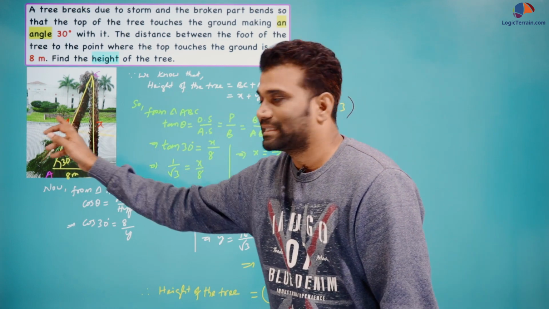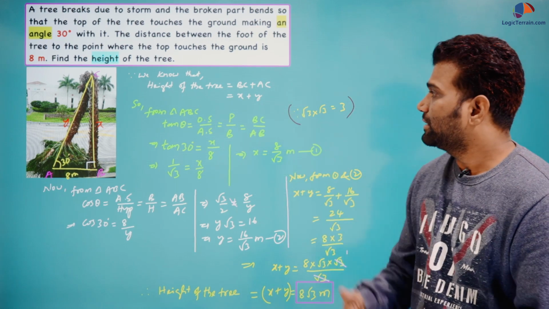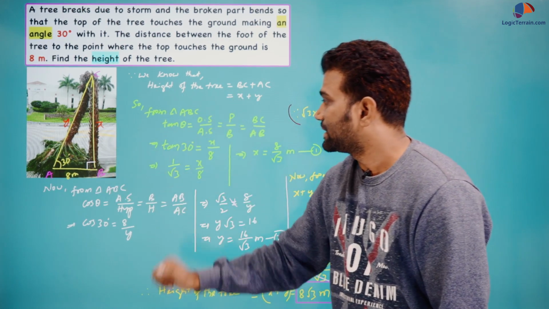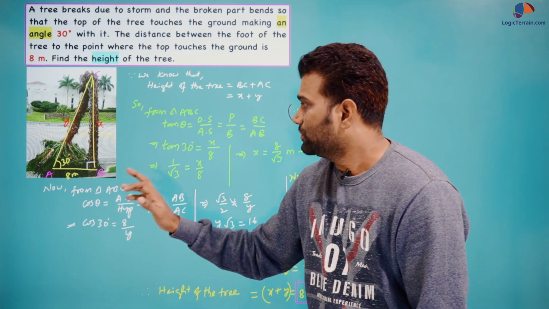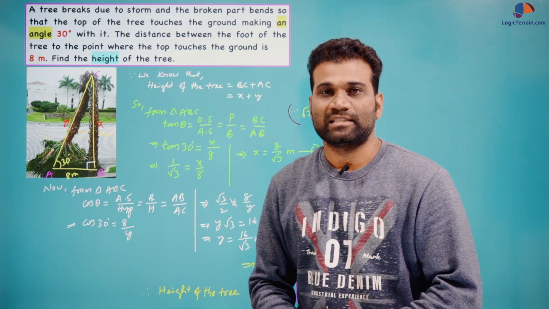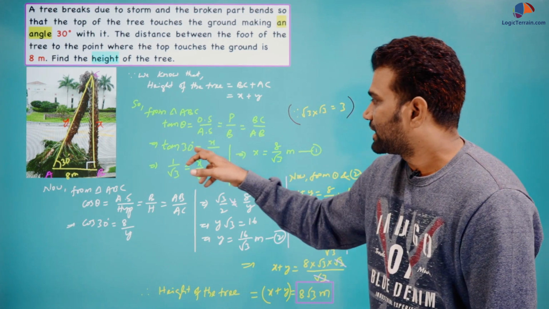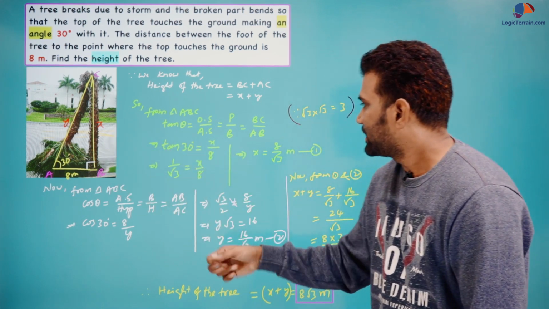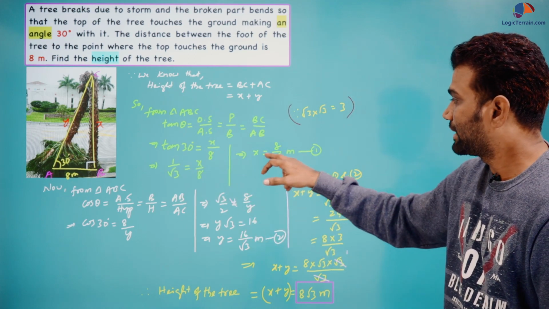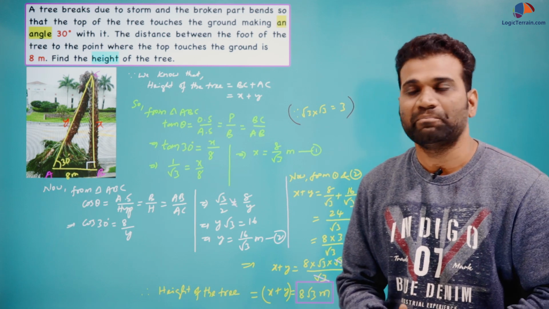So let us assume that is x and y, x plus y. Now from triangle ABC, tan theta is the relation between opposite side and adjacent side. So tan 30 degrees equals x upon 8, and tan 30 degrees value is 1 upon square root 3. From this we have got x value 8 upon square root 3 meters.